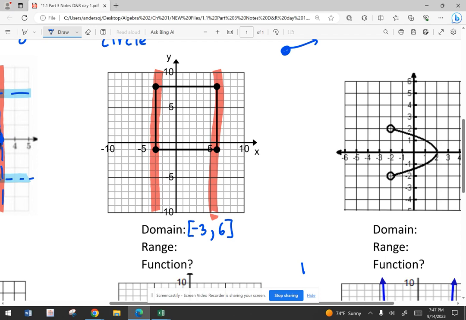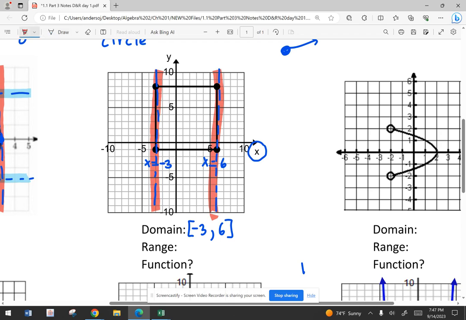Here again, this X value, we're always looking at this axis. This line is on X equals -3. This line is on X equals 6.